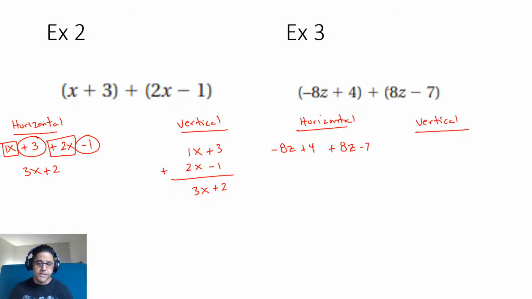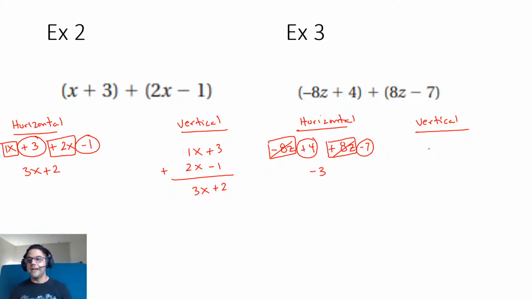Now remember, if there was, let's say a 2 here in front of this parentheses, I'd obviously have to do my distributive property first. So I'm going to go ahead and combine or identify like terms first. So -8z plus 8z, that just cancels each other out. So I really have a positive 4 subtract a 7, so that just gives me a -3.